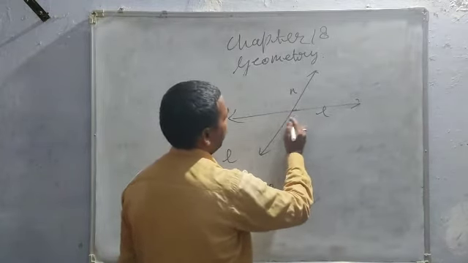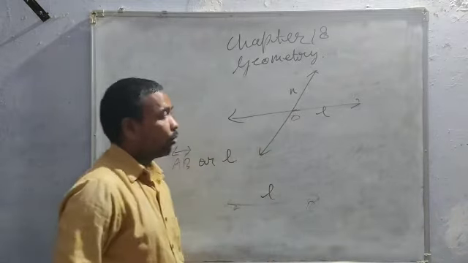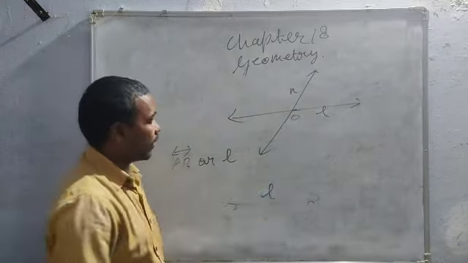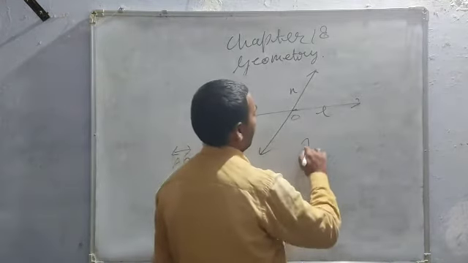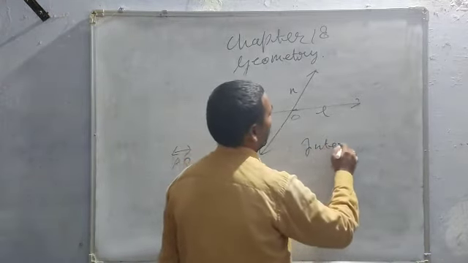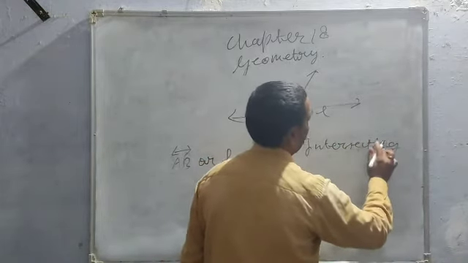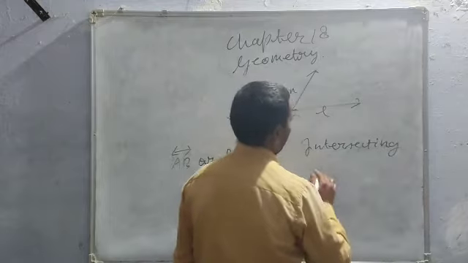Suppose this point is named O. So these two lines are known as intersecting lines.